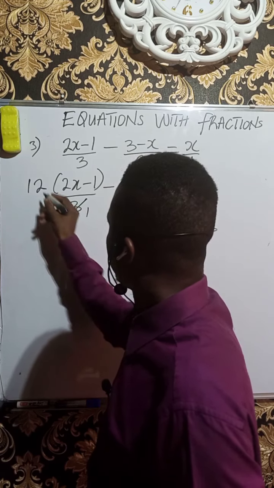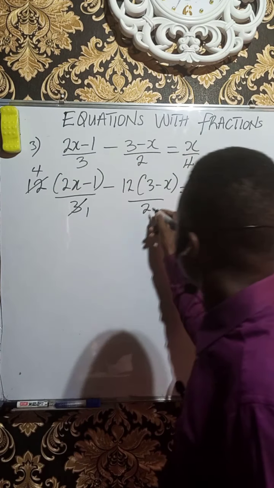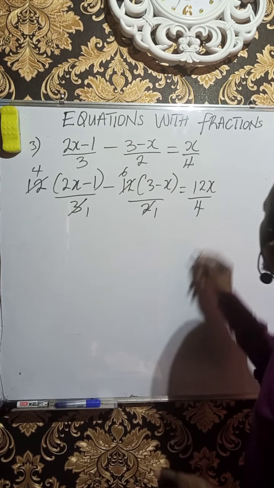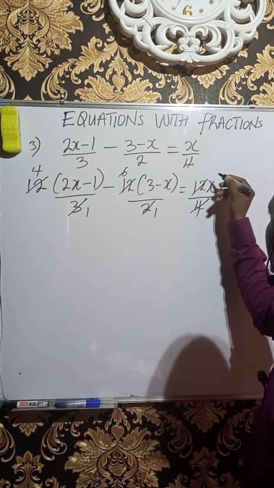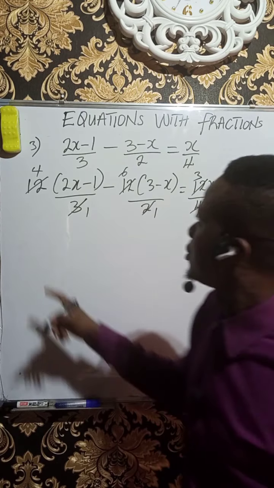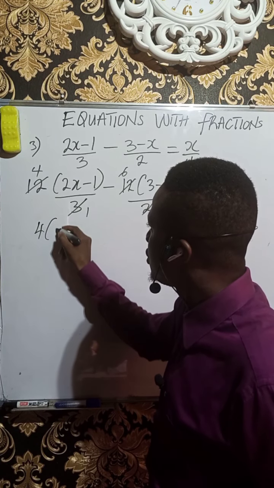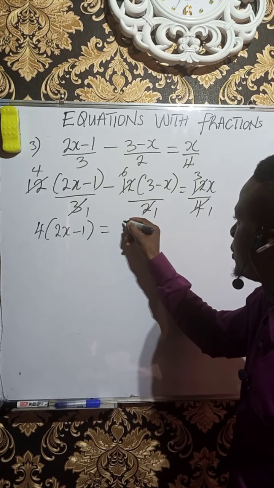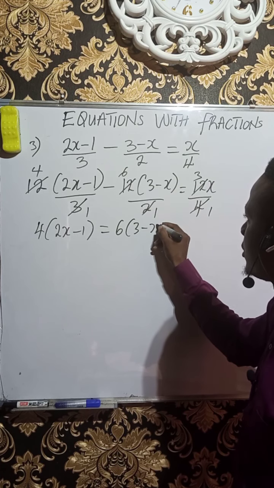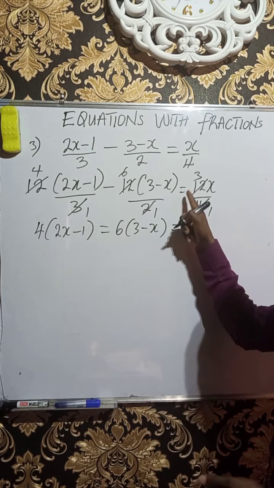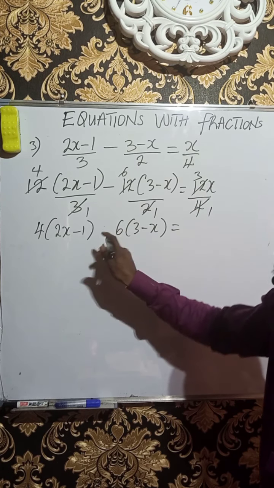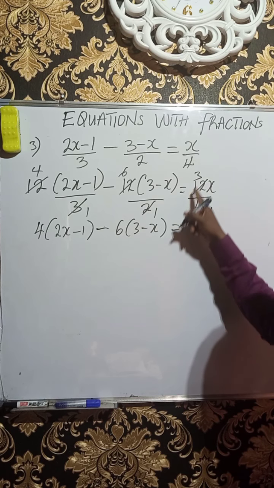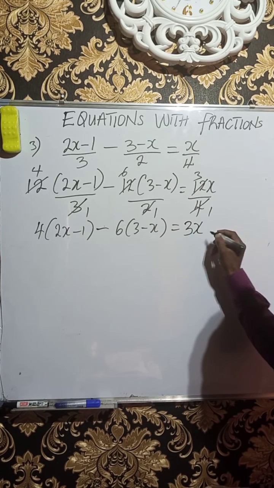Now 3 here is 1, 3 here is 4, 2 here is 1, 2 here is 6, 4 here is 1, 4 here is 3. So we are now having 4 into 2x minus 1, minus 6 into 3 minus x, equals 3 times x, which is 3x.